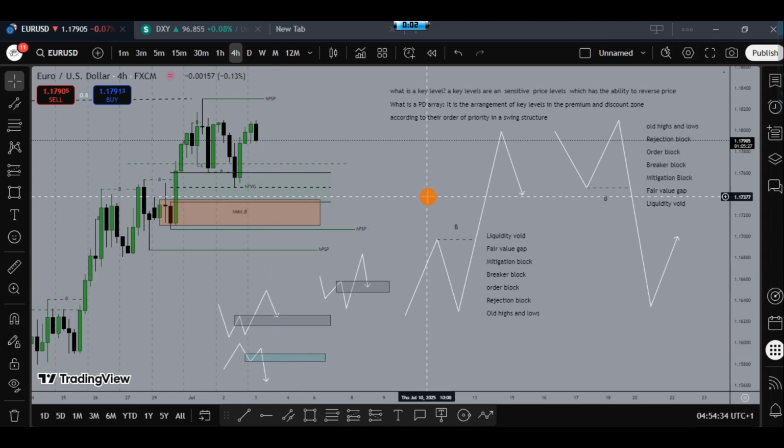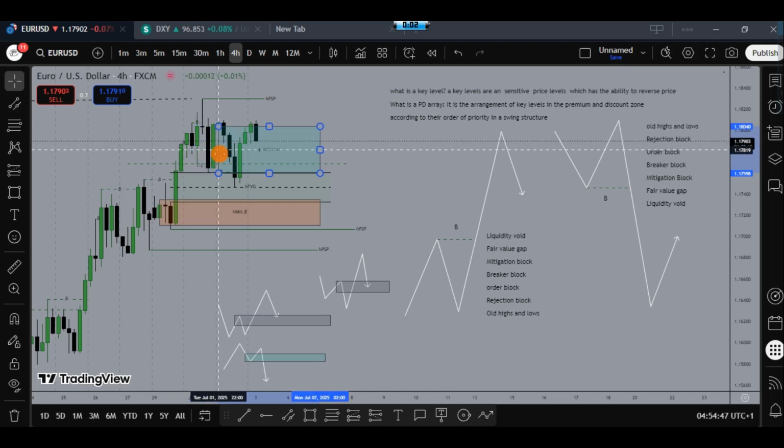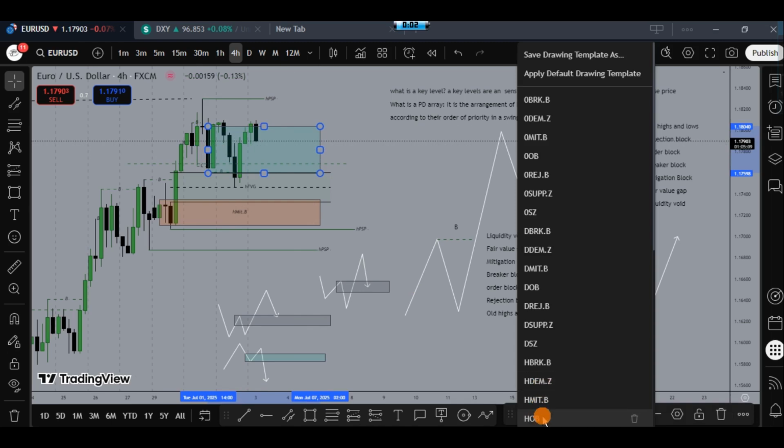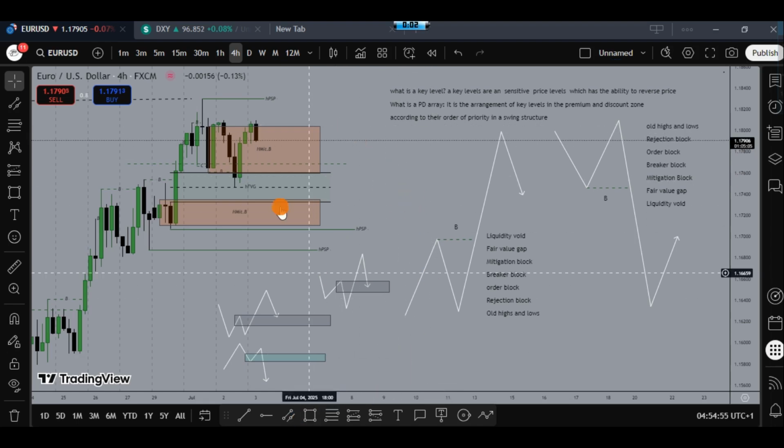After this market structure shift, I now have a mitigation block here. And I told you what another block is. Another block is the last candle before the last sell candle.